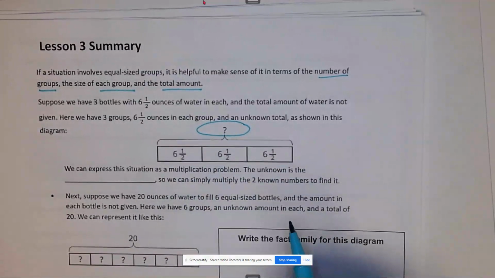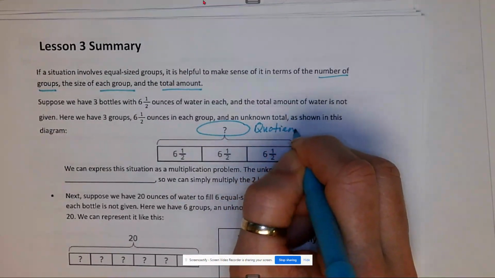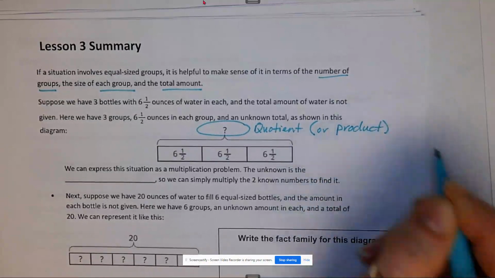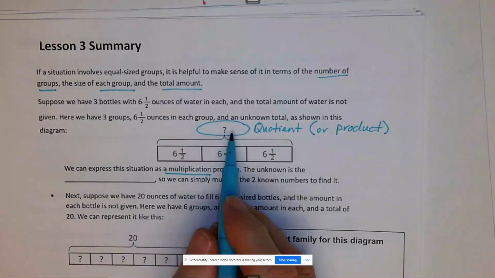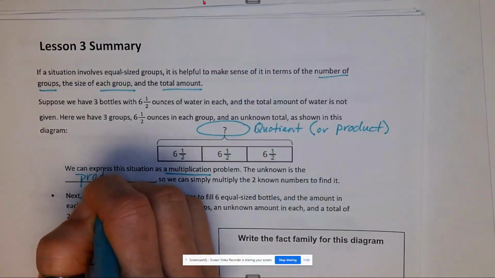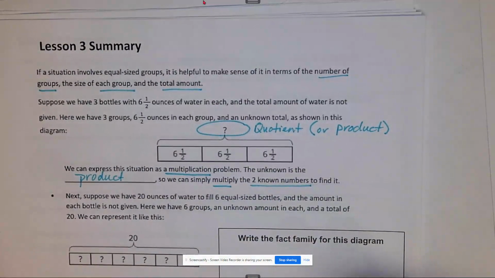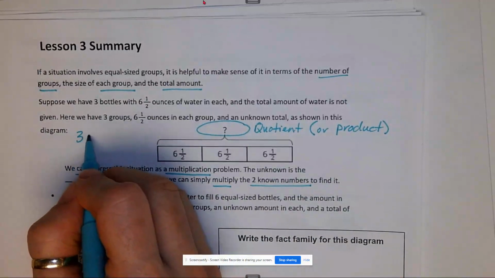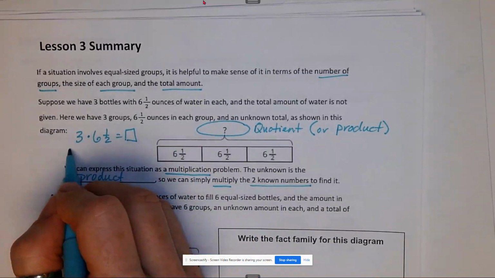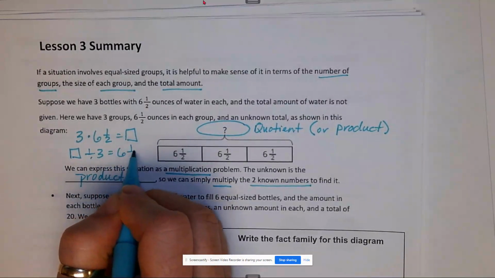So we're trying to find that answer right there, which is either our quotient or it's our product. We can express this as multiplication because we're missing that product. The unknown is the product. So we're going to multiply the 2 numbers that we do know, which would be 3 times 6.5 equals empty box. We could also write this as empty box divided by 3 gives us 6.5.